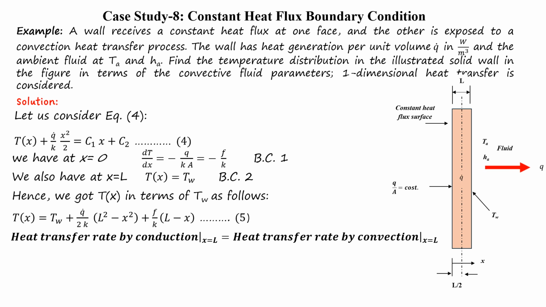So the heat transfer rate by conduction at the convective wall at x equal to L equals the heat transfer rate by convection, which is at x equal to L as well. If we substitute the values, then we have the conduction part, minus KA dT of x by dx, where x equal to L, equal to h sub A times A times (T_W minus T_A).